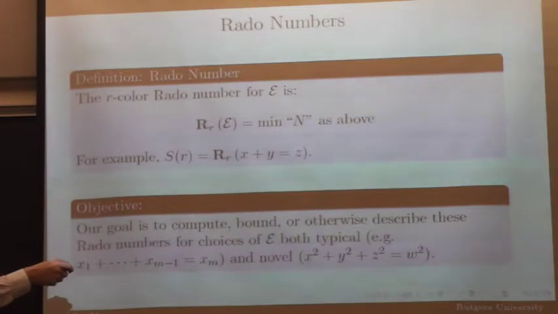But in our mind, we could put any equation here, any number of colors here, and try to decide, can we find this number, and if so, what is it? So that's our goal. Our goal is to compute, or give a bound, or just say something about these Rado numbers. We can choose something that's kind of typical, or something that's kind of atypical. And I'll discuss both of those in a little while.